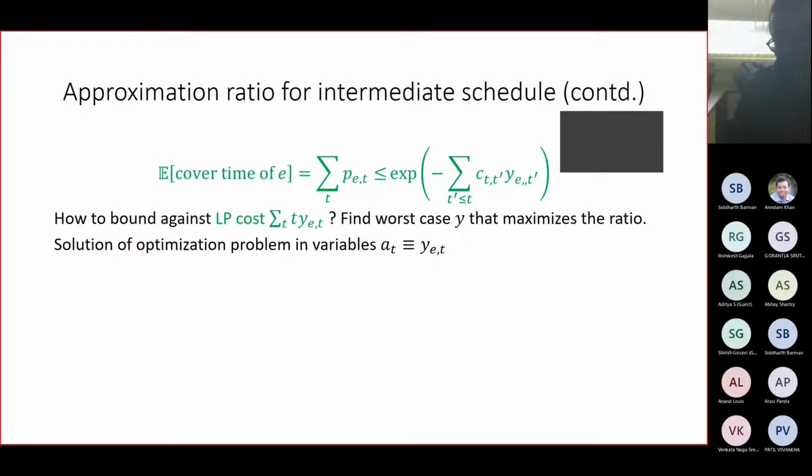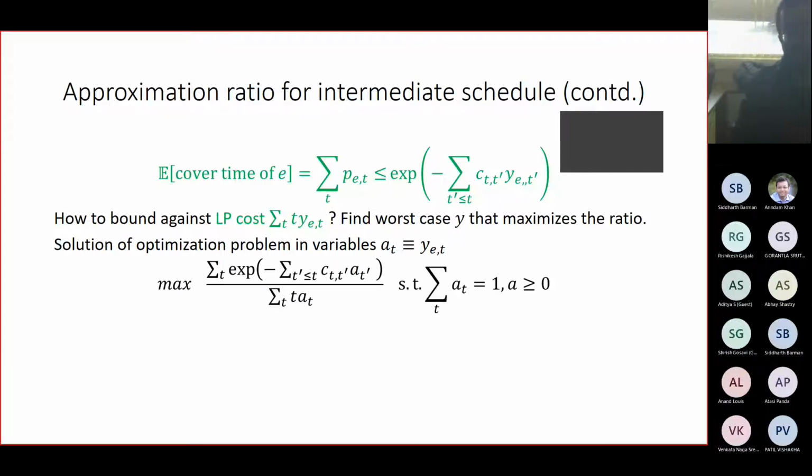And so now think of this as an optimization problem in these LP variables. So let's call the LP variable some new formal variable, a_t. And now all I have is this optimization problem. The numerator corresponds to the cost of my algorithm. It's a bound on my cost. The denominator is the LP objective. And I'm asking, what setting of the LP variable would give me the worst possible approximation ratio?